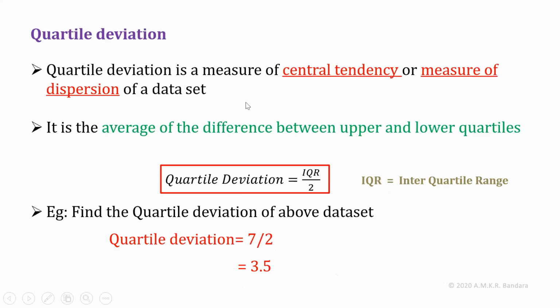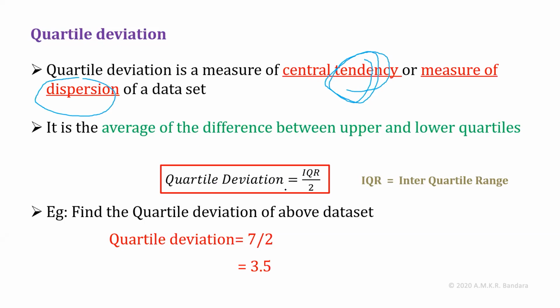Then another measure of dispersion is called quartile deviation. This is also described as a measure of central tendency as well as a measure of dispersion.